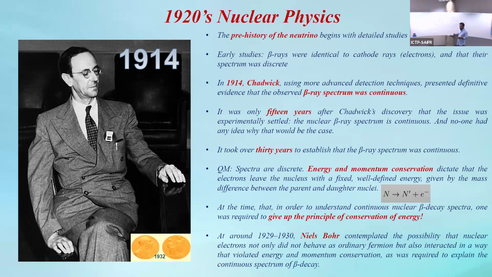Because the beta ray spectrum was supposed to be discrete, but they were finding it continuous, maybe that principle was violated. That was the desperate solution people were trying to contemplate during those times.